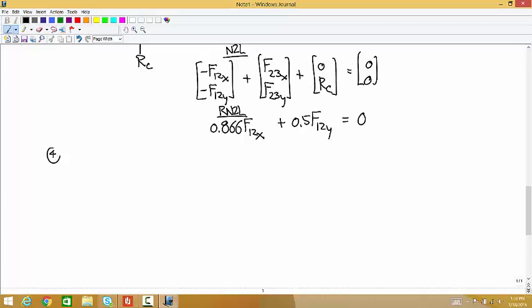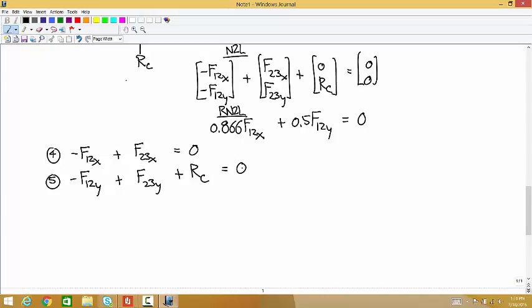And so our fourth equation says negative F12x plus F23x equals 0. Our fifth equation says negative F12y plus F23y plus RC equals 0. And our sixth equation says 0.866 F12x plus 0.5 F12y equals 0.